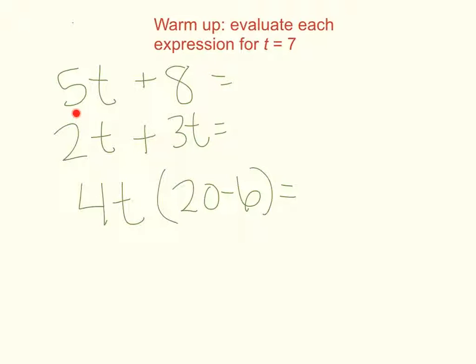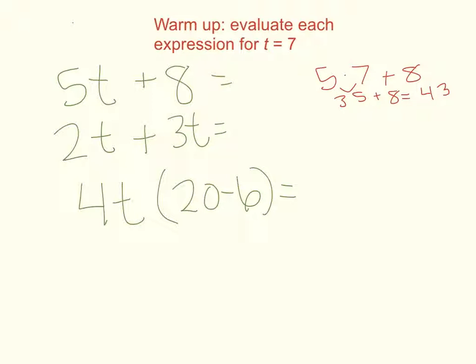So we really have 5 times t, or 5 times 7. So let's go ahead and rewrite this. If we have 5 times 7 plus 8. 5 times 7 gives me 35, plus 8 would give me 43. So that's the answer for the first one.